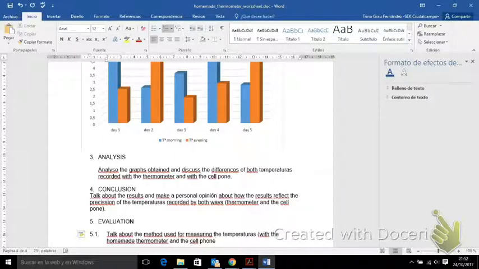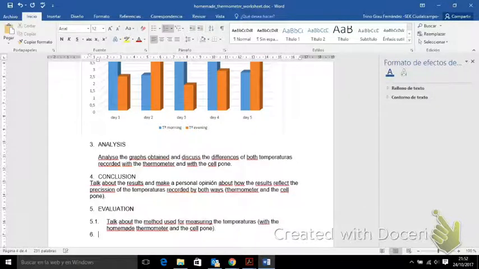So here you need to talk about the precision of your thermometer and if it was precise or not. Then you need to talk about the limitations of using a homemade thermometer.